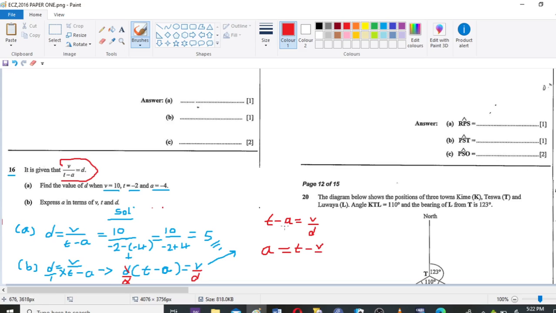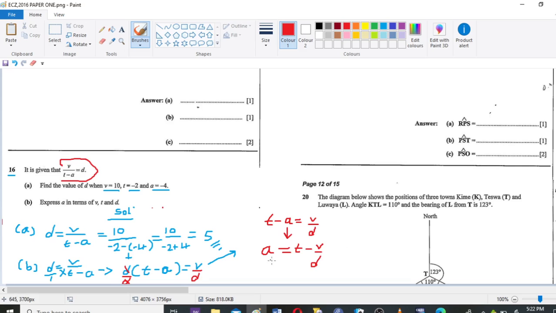Remember I want a to remain alone here. So making a the subject of the formula is what is leading us to here. I'm sure you understand how we are doing it here. But if you have any question, you don't know how this is coming to be this, you can let me know. I'll be able to explain further.